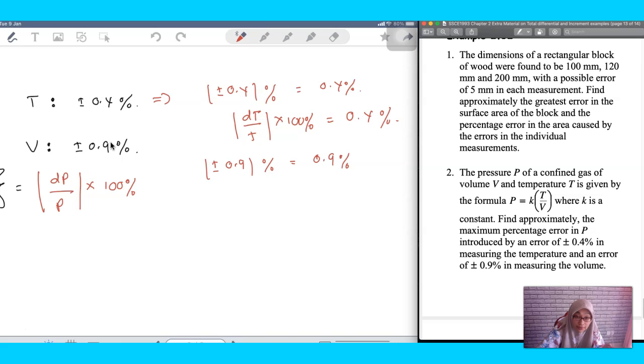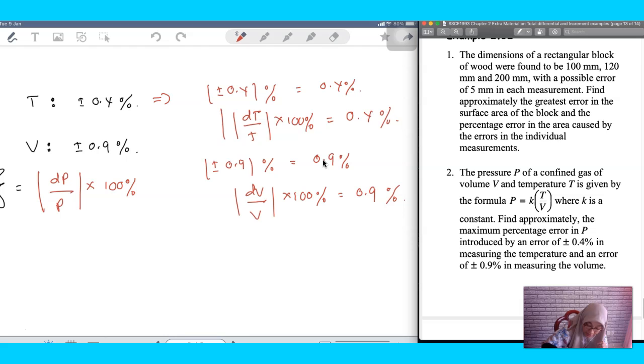This is the maximum percentage error of the volume. So in symbol, what is the maximum percentage error? dV, because now we are talking about volume, dV over V, put the absolute sign, multiplied by 100%, will give you 0.9%.